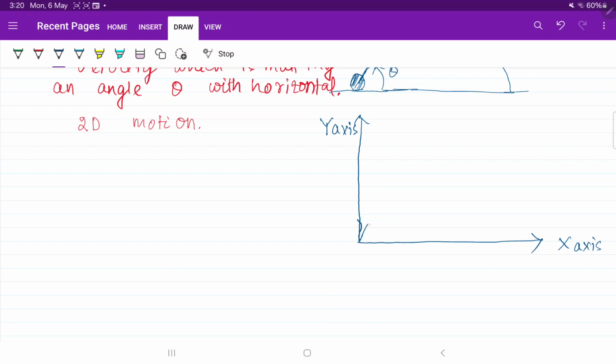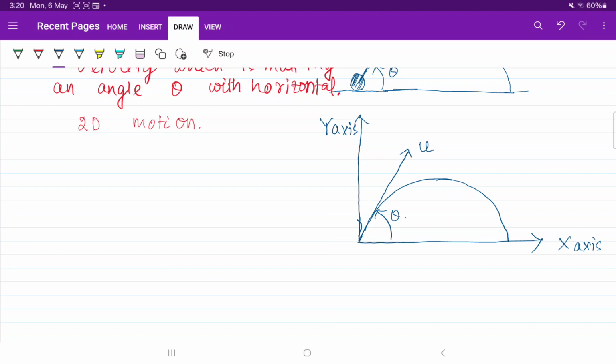Let the projectile be projected, and the trajectory will look like a parabola. With some initial velocity u it will be projected, making an angle theta with the horizontal.